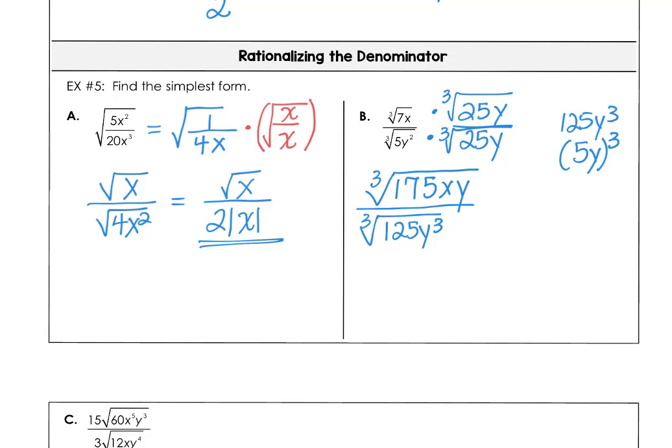So this is a perfect cube here, and our numerator is going to remain the same, the cube root of 175xy divided by 5y. No need for absolute value bars because my index was a 3.